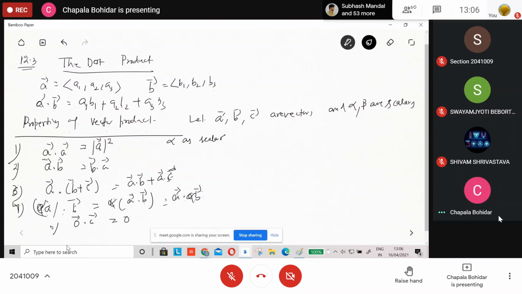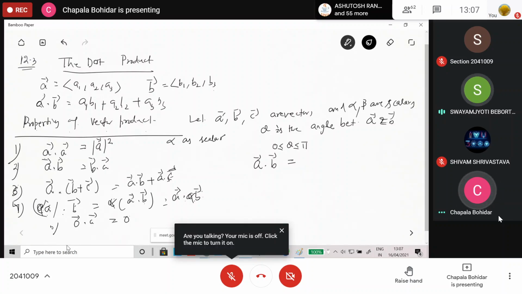Okay. If theta is the angle between vector A and B, and theta lies between 0 and pi, then the dot product, all of you know, A dot B is equal to AB cos theta.